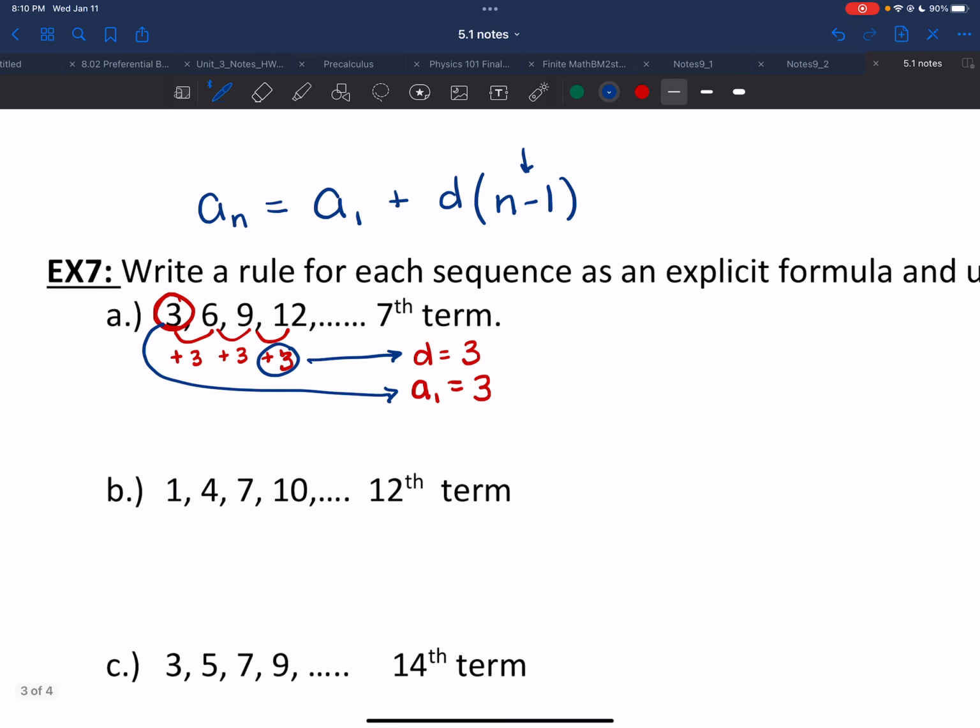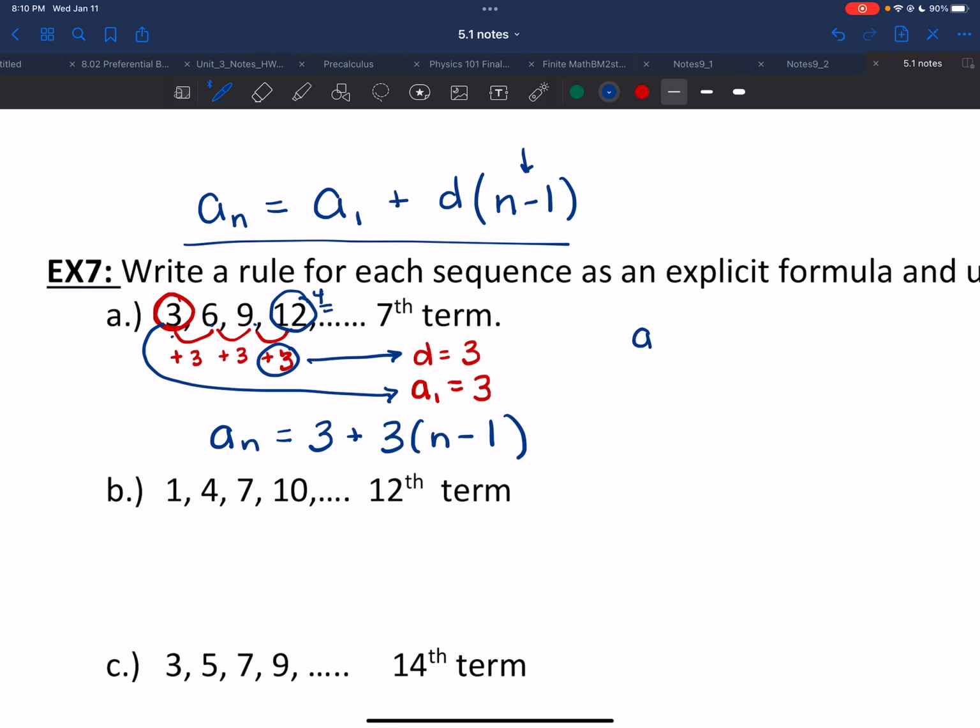So if I were to write this out using this formula, I would have a_n equals 3 plus 3(n minus 1). So let's test this out. 12 is my 1, 2, 3, fourth term. So I'm going to check out with something I know.